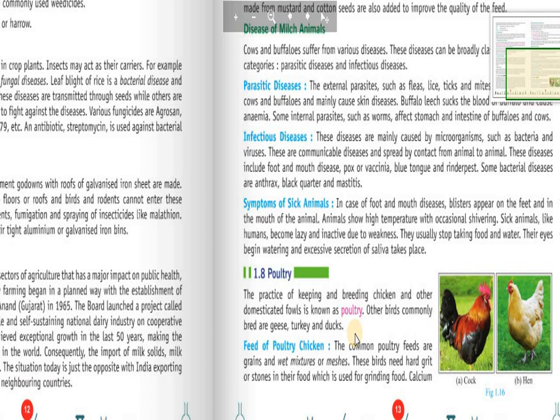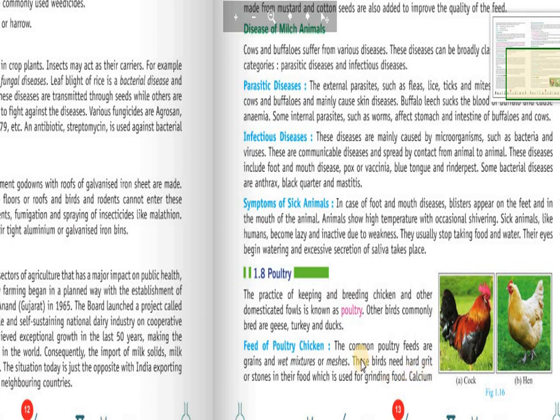Now let's see what food they get in poultry to eat. So feed of poultry chicken. The common poultry feeds are grains. The main thing is grains and wet mixture or mess. These birds need hard grit or stones in their food, which is used for grinding food.